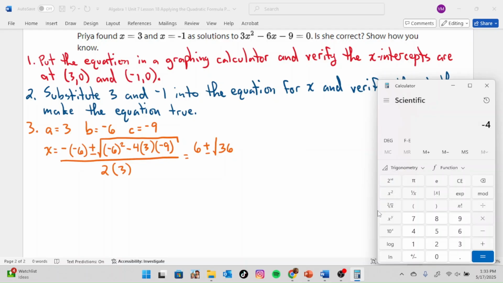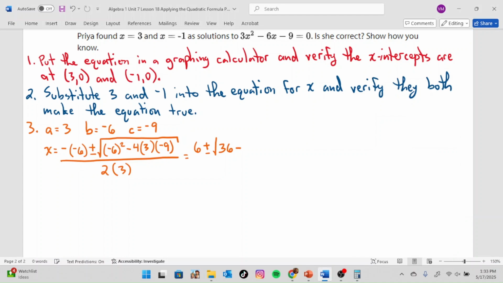Negative 4 times 3 times negative 9 equals 108. And 2 times 3 is 6. 36 plus 108 is 144.